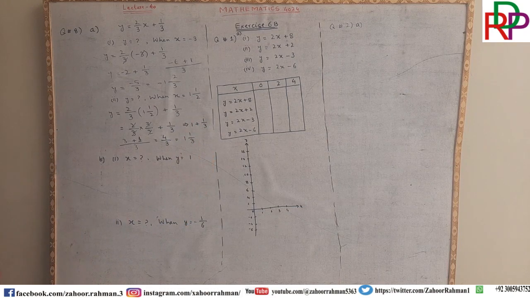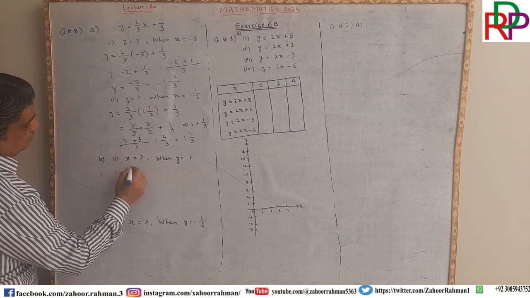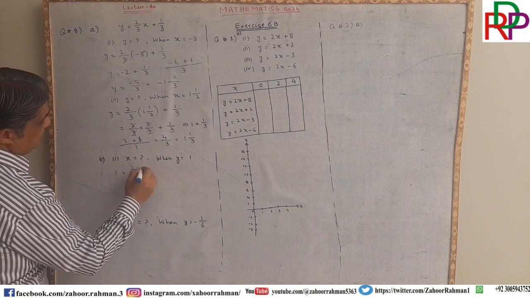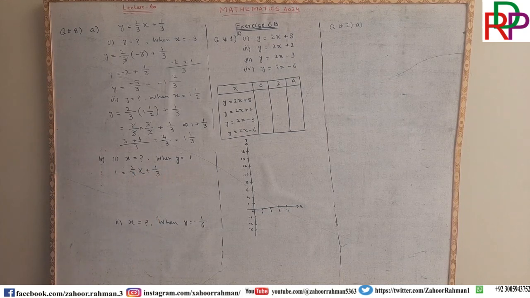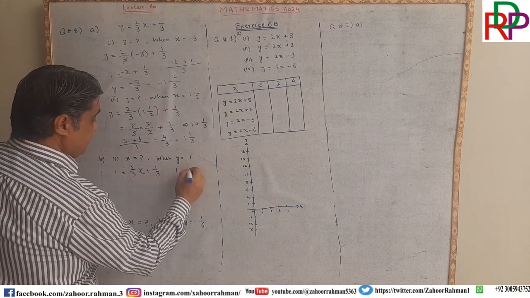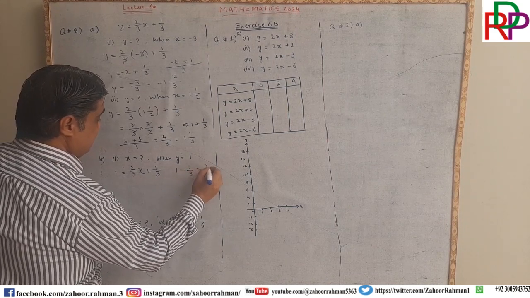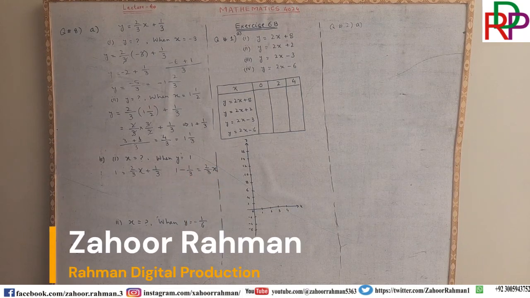So next we are going to find the value of x when the y value is given. In this equation we will put y is equal to 1. So 1 is equal to 2 over 3x plus 1 over 3. Now we have to write 1 minus 1 over 3 is equal to 2 over 3x.